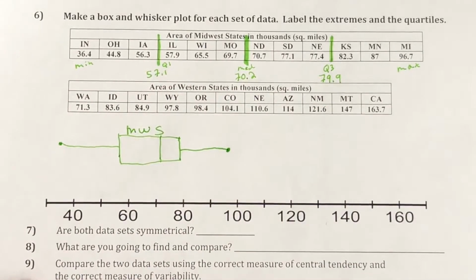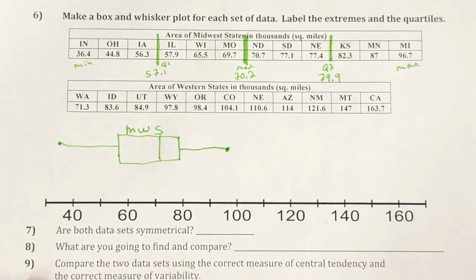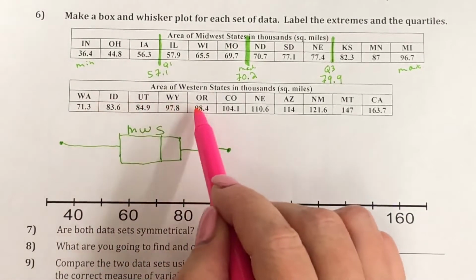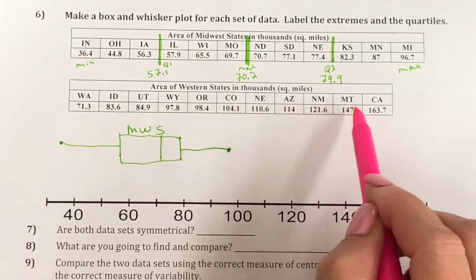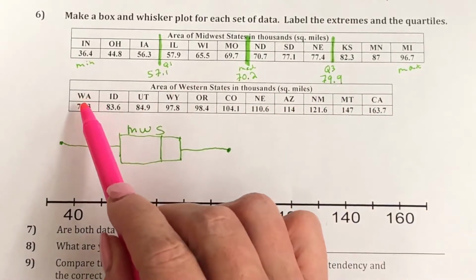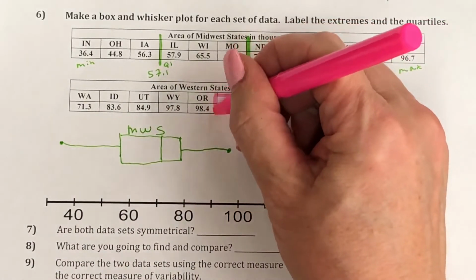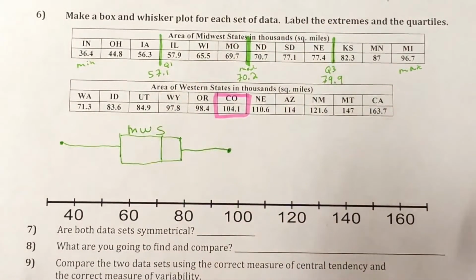Okay. Now we're going to go ahead and do the same thing for the Western states. So here we have 1, 2, 3, 4, 5, 6, 7, 8, 9, 10, 11. So the middle is 1, 2, 3, 4, 5. So Colorado is our median.